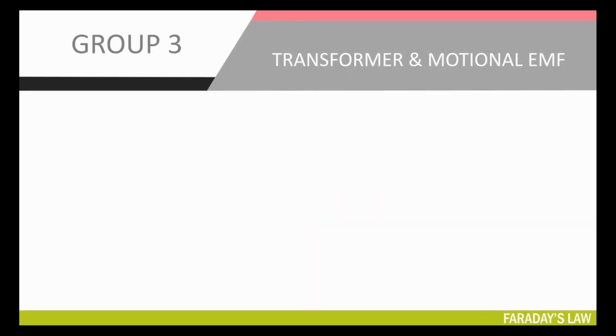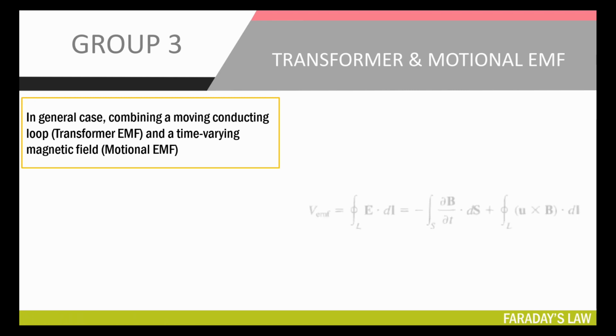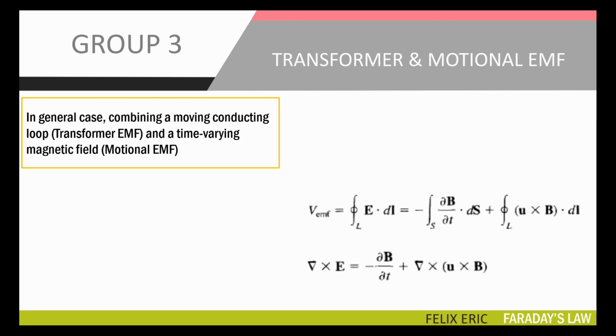Now we are at the transformer and motional EMF section. Basically, we are combining a time-varying magnetic field from transformer EMF and a moving conducting loop from motional EMF. As you can see on the screen, the formula for V EMF is gathered from both EMFs.